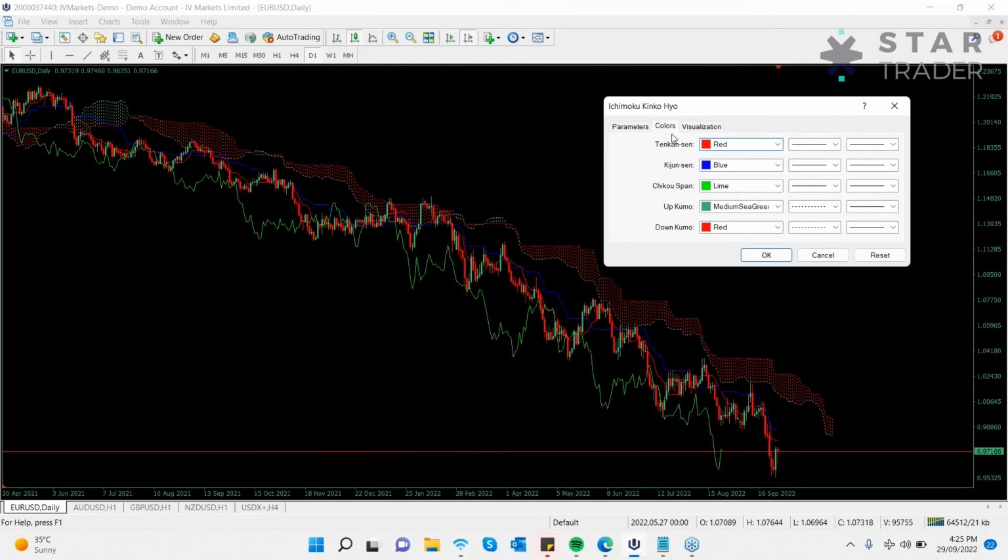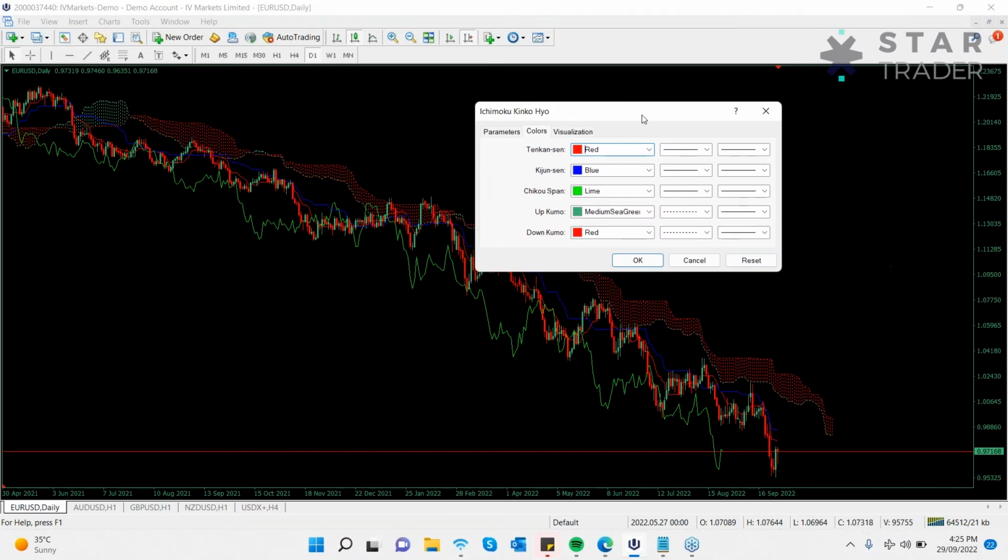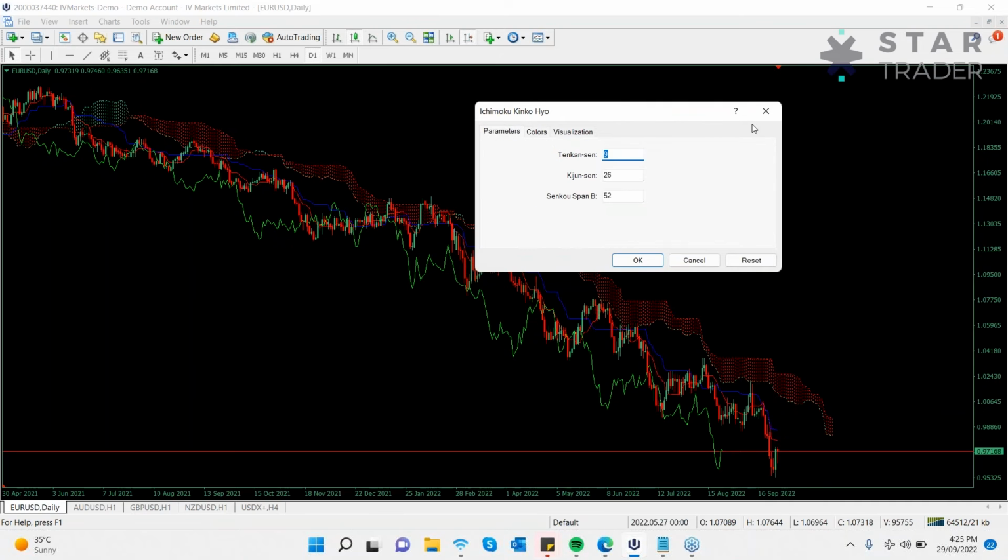By default, these are the settings: Tenkan-sen has this red color, Kijun-sen has this blue color, Chikou span has this lime color, up Kumo is this medium sea green, and down Kumo is this red color. You can use it according to how you want to see it.